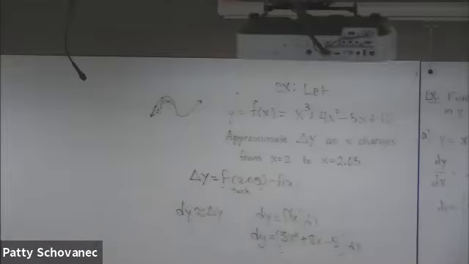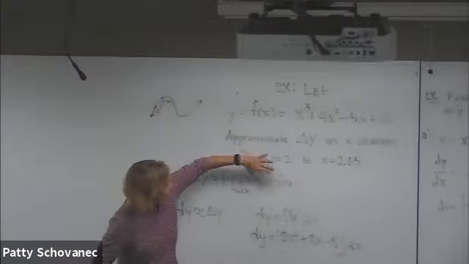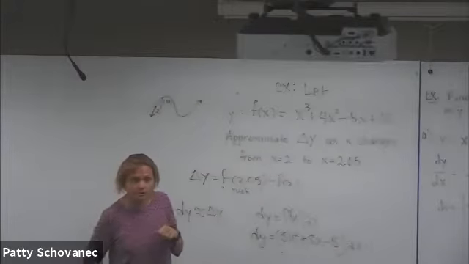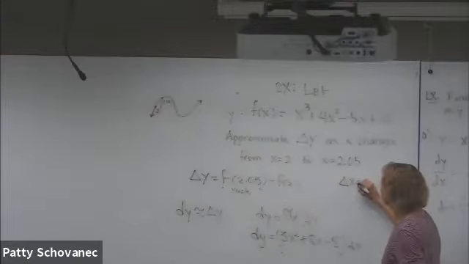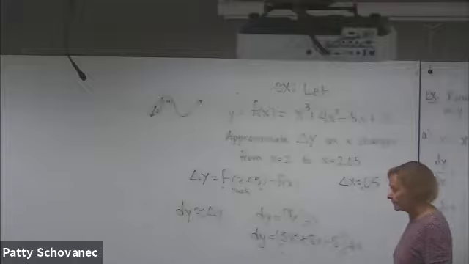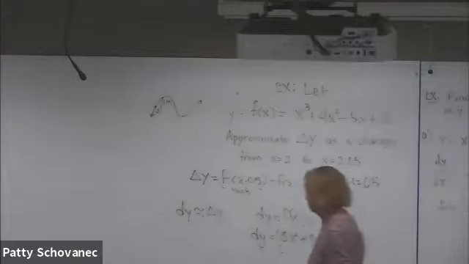Then we evaluate that at the nicer number. The nice number is the 2. And then we let the increment in x eat up the difference between these two numbers. Delta x is 2.05 minus 2. So we put the 2 in here and the 0.05 there, and that's our approximation to this.